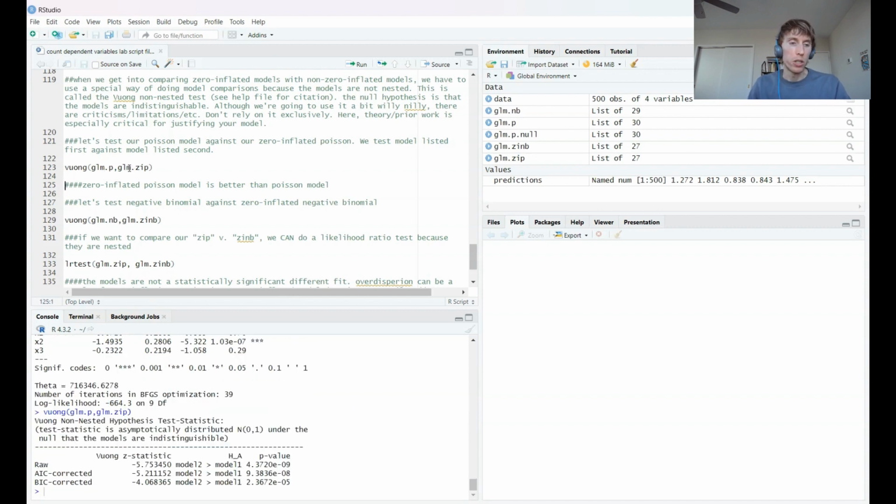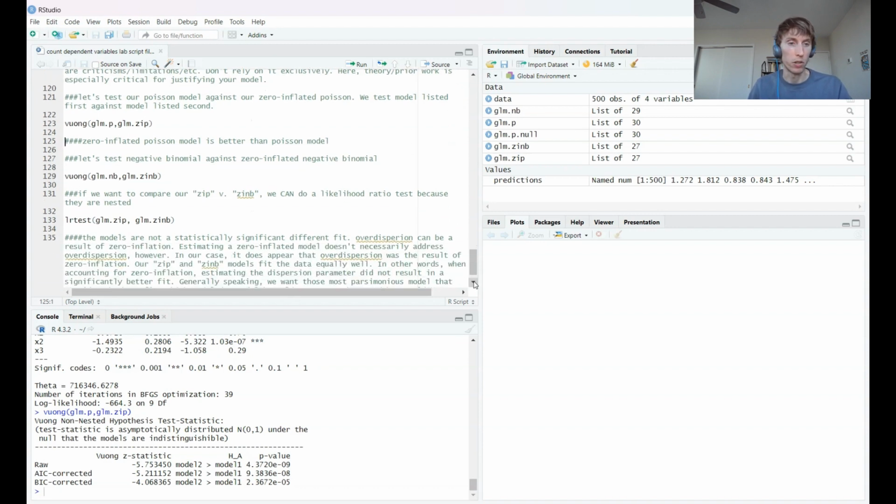So we would use this if we wanted to test something like the Poisson versus the zero-inflated Poisson. They're not nested, so we'd use something like this. Not that you'd have to, but you might. Interpretation is basically the same, right? If it's a really tiny p-value, typically we'd say it's significant, so the models are significantly different.